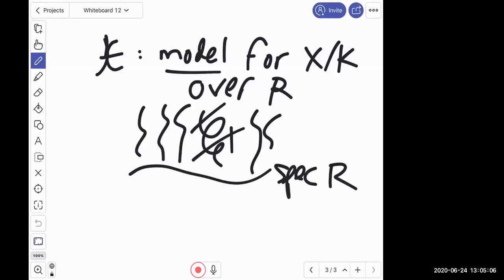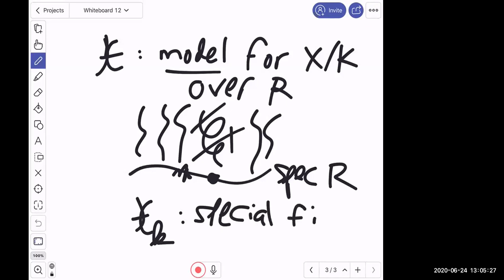So really, we just have one generic point and one closed point in Spec R. And so we really just have two fibers, the generic fiber, which is X, and then we have a special fiber, which I denoted X little k. Little k was the residue field.